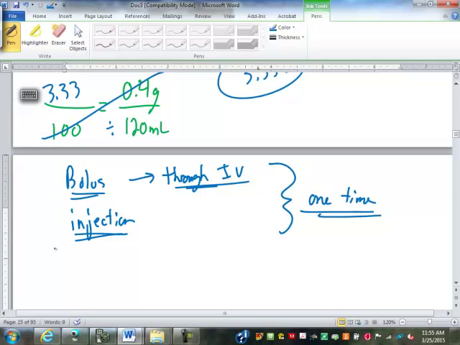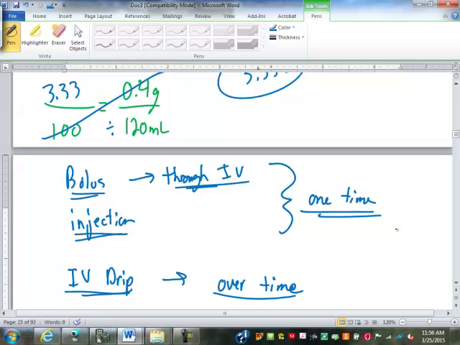Now, the other way that it can be given is through an IV drip. This is something we're going to talk about more in Friday's class, calculating how that's going to be. That is done over time. So it's a consistent, steady administration of the medication over a period of time.